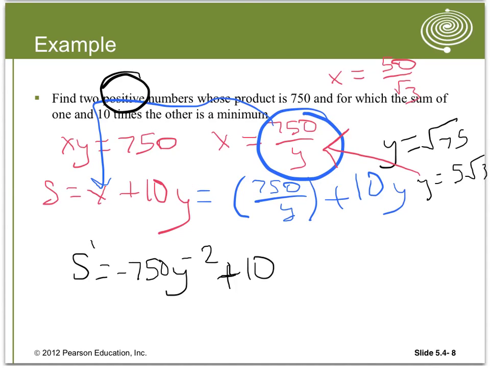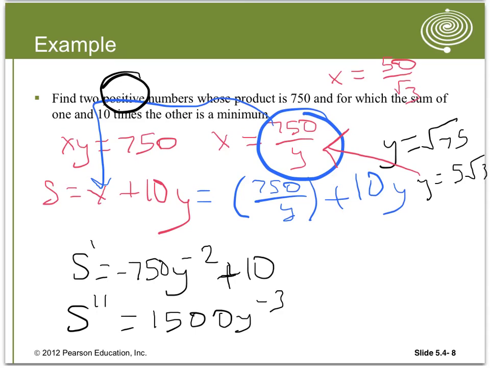So second derivative then would be 2 times 750 is 1,500, y to the negative third, and then I'm evaluating my critical point at that number, so I put 5 times the square root of 3 into y.